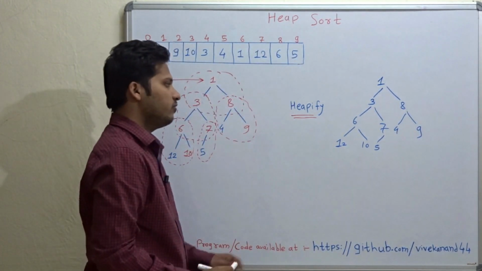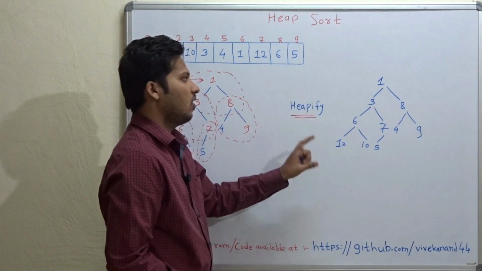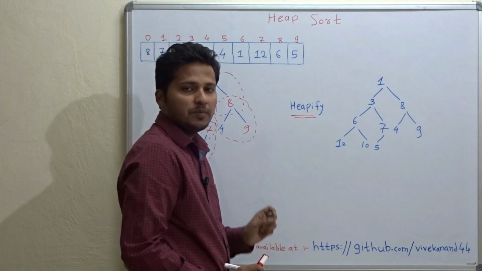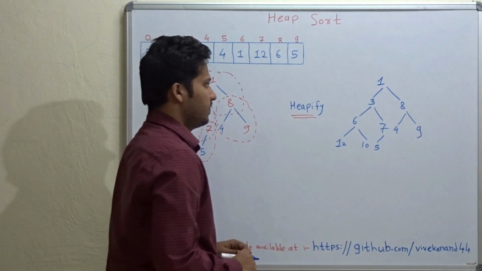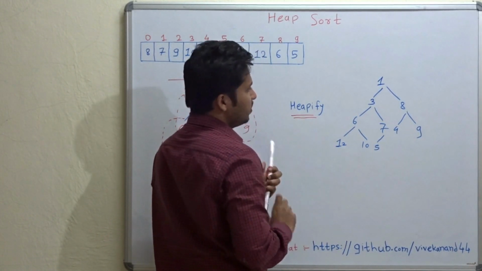You have to check each node of this tree, whether all of them satisfy the min heap condition or not. Means we have to check each node whether it satisfies the min heap condition.